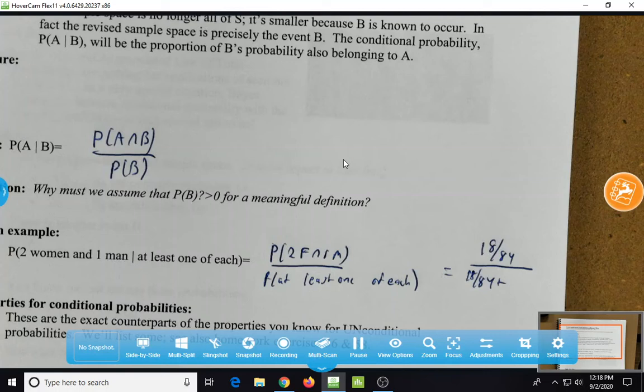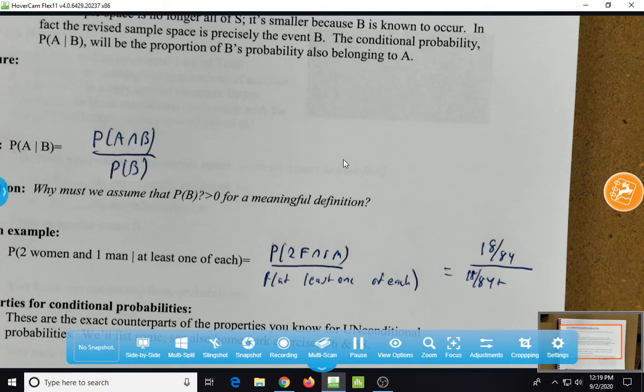If we have to have at least one of each, then we could have 2 females, or 2 males and 1 female.